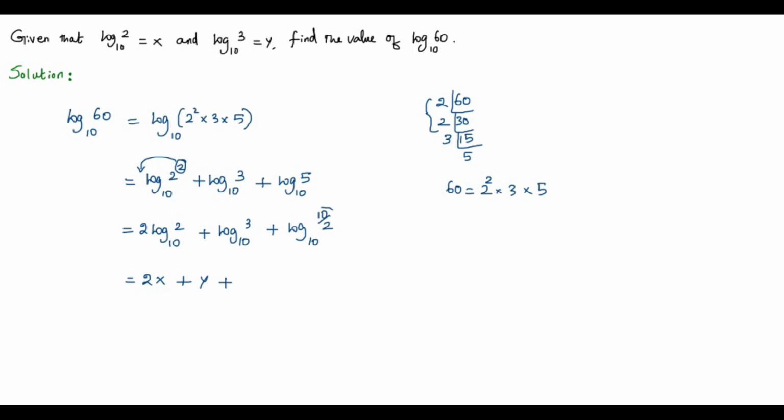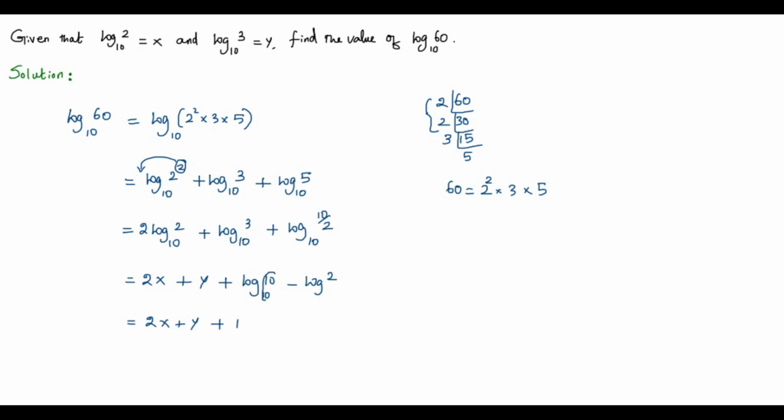And here two numbers are in division, so we can use the second fundamental law of logarithm, that is, log 10 to the base 10 minus log 2. Here 2x plus y, and the value of log 10 to the base 10 is 1.